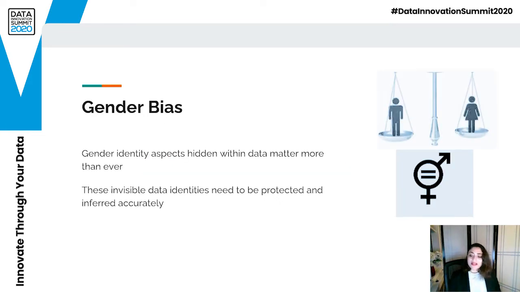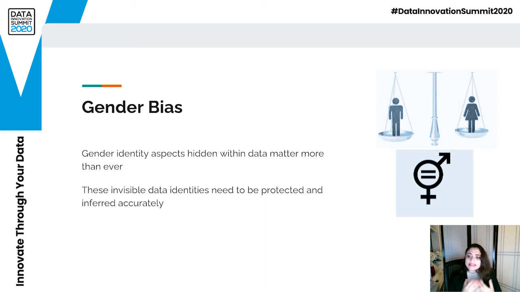See, gender bias is a very important topic for discussion, especially at this moment. The reason being, as AI-based systems start to take on more complex decision making jobs, the stakes will become higher. What I mean by that is, the gender identity aspects that are hidden within the data matter even more than ever now.